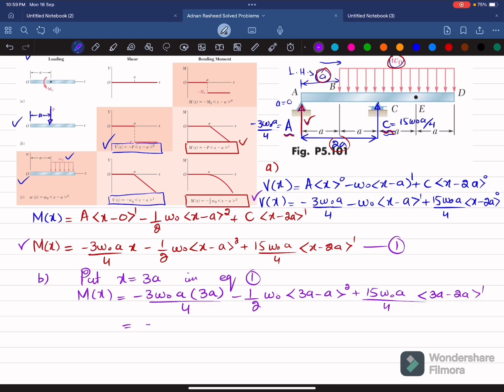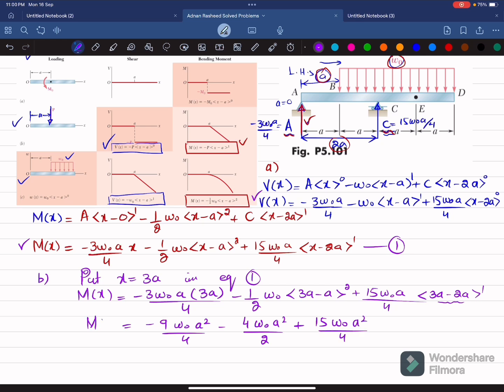So we will get minus 9 W naught A square over 4, and from here we will get 2A square, which will be 4A square, so 4 W naught A square divided by 2, and from here we will get 15 W naught, here we will get A, so A into A is A square over 4.